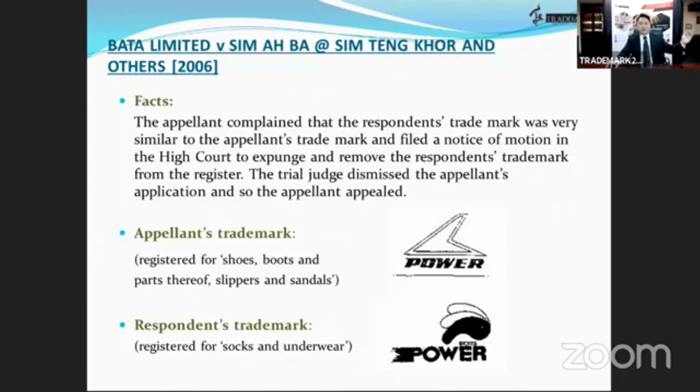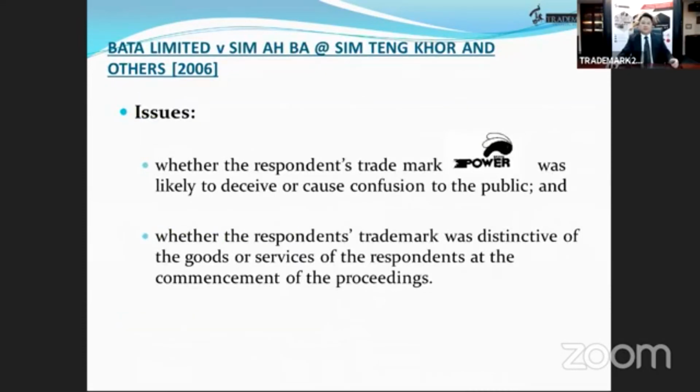Bata sued Sim Aba and also filed a motion to expunge and remove the respondent's trademark from the register. Meaning Bata is trying to get an order from the court to completely cancel Sim Aba's trademark. So the issues to be determined by the court are whether the respondent's trademark Power was likely to deceive and cause confusion to the public.